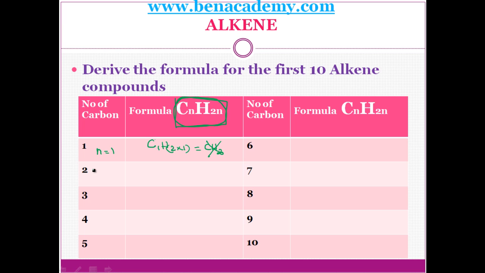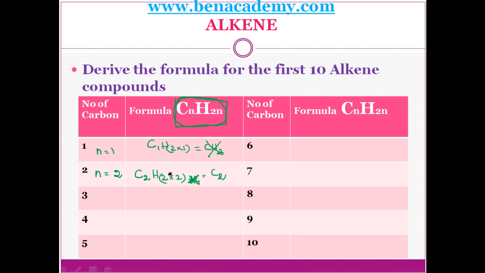And if the number of carbons is 2 in any alkene, now what will be its formula? So carbon 2, then how many hydrogens should be there? 2 times that of carbon. Number of carbons is 2 here, therefore 2 into 2. I am sorry, it is not plus 2.